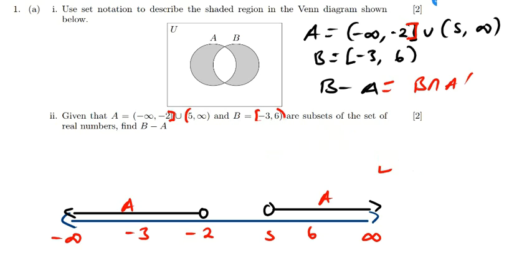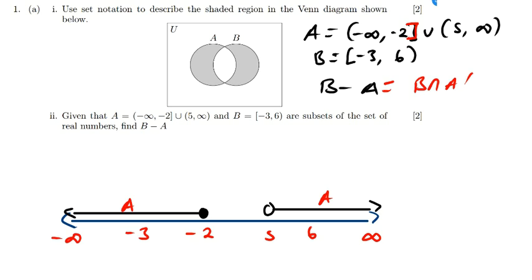Okay? So now negative 2, since it is included, I need to use a circle. I'm going to shade it, a closed one. So when it is included, you use a shaded one. When it is not included, you use an open one to show that at that point that number is included or not. So this is my A. But remember, we are interested in A complement.